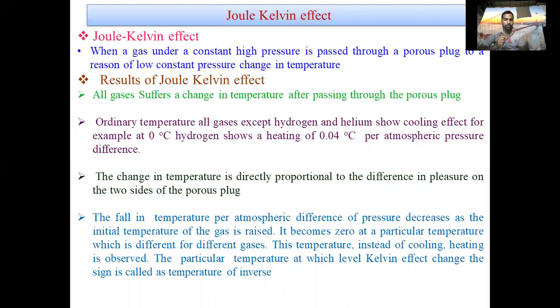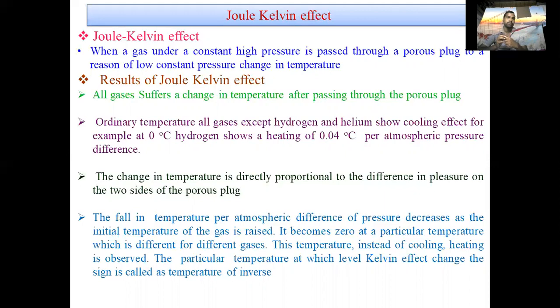When we apply force on the first chamber with the piston, gas flows from the high pressure region to the low pressure region through the porous plug. At that time we observe a change in temperature. That change depends on the initial temperature, giving either a cooling effect or a heating effect.